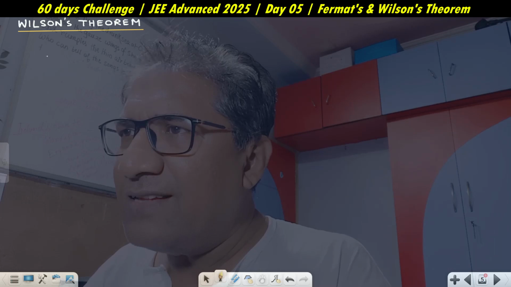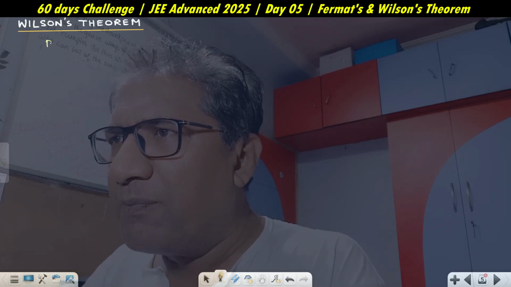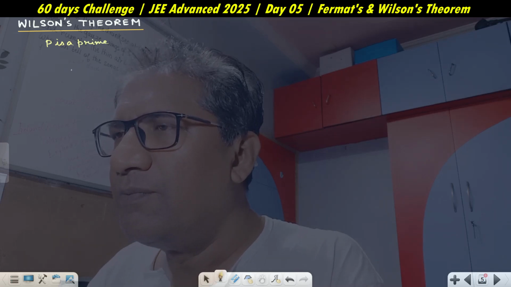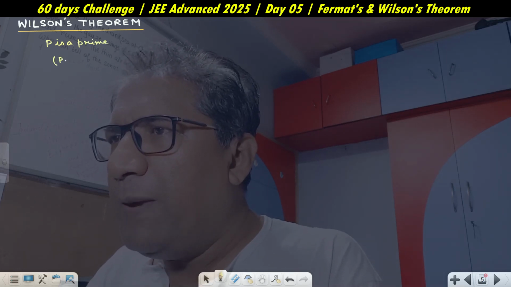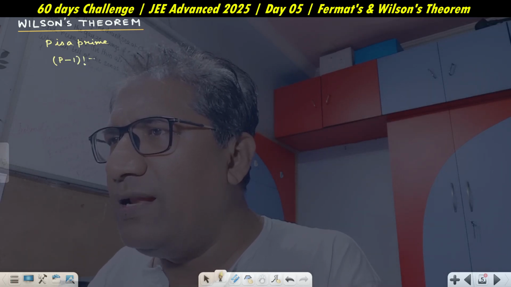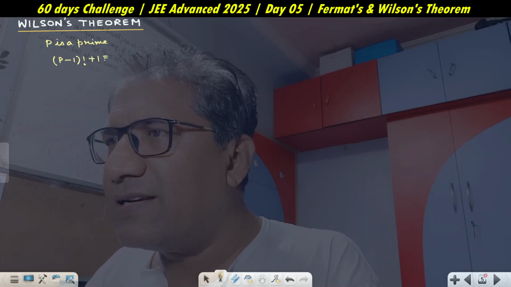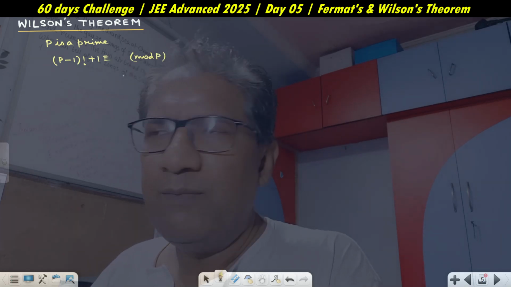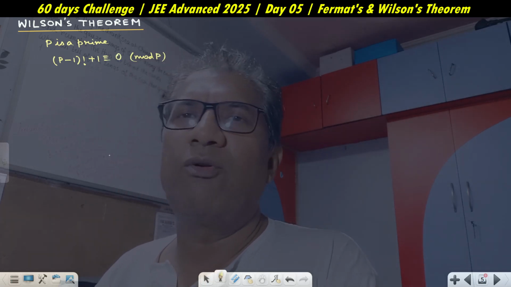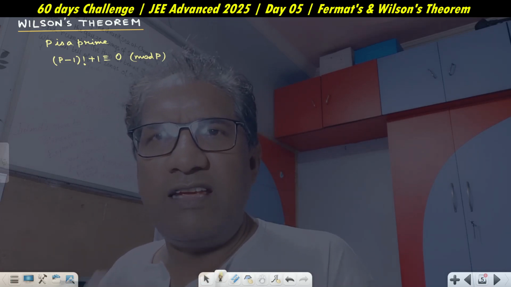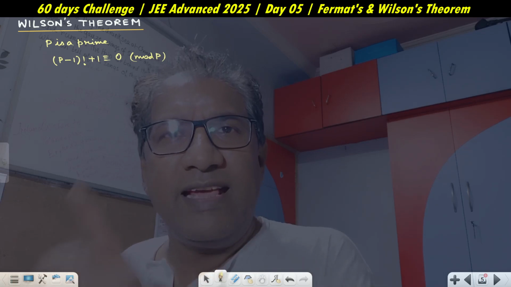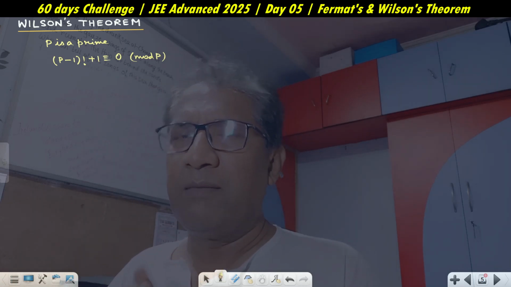Wilson's theorem states that if P is a prime number, then (P minus 1) factorial plus 1, when divided by P, the remainder is 0. It means that if P is a prime, (P minus 1) factorial plus 1 is completely divisible by P.